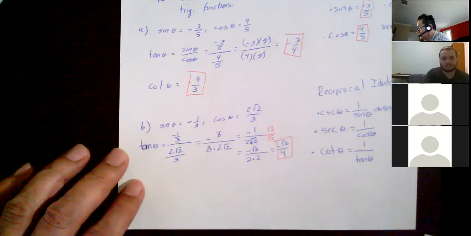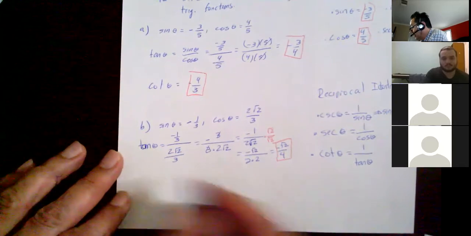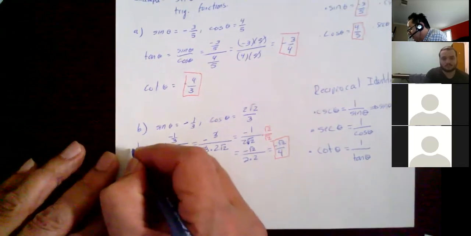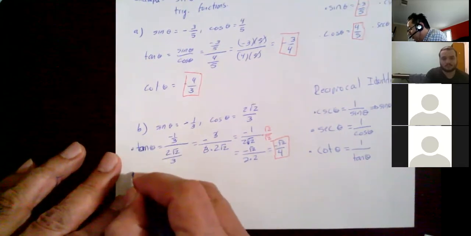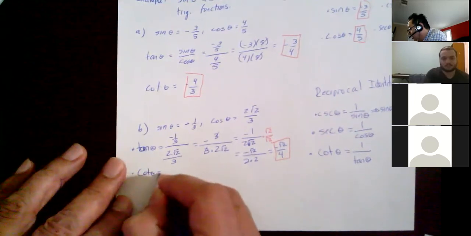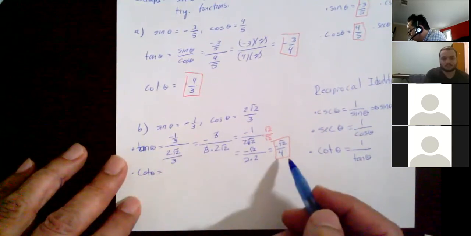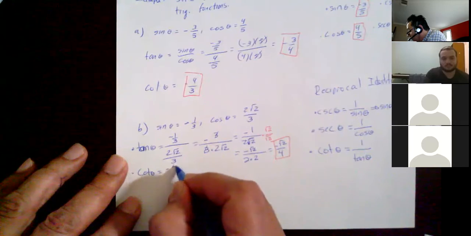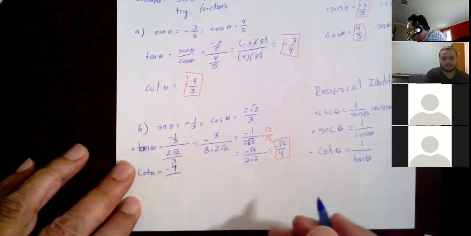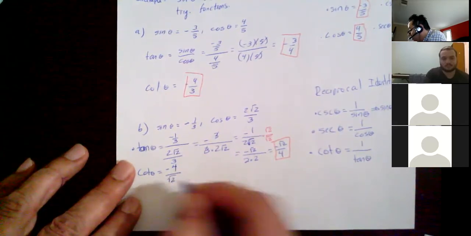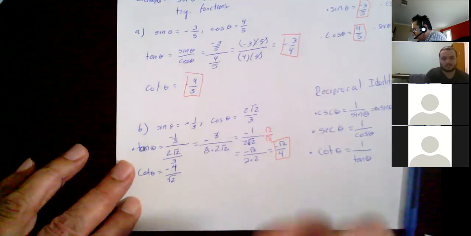All right, so I'm going to find the cotangent now that I found the tangent, okay? So cotangent theta, that's the reciprocal of the tangent, which is -4 divided by square root 2. Again, I'm going to rationalize the denominator.